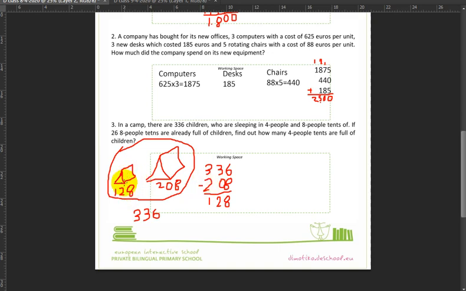I need to think, well, there are 128 of them, and each tent can fit 4, so I'm separating them, dividing them into groups of 4. So immediately, just from the wording, you can imagine we are going to be doing division.